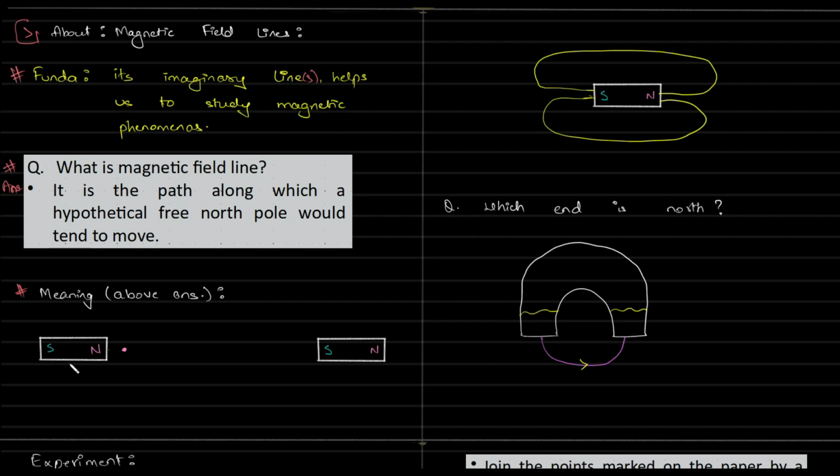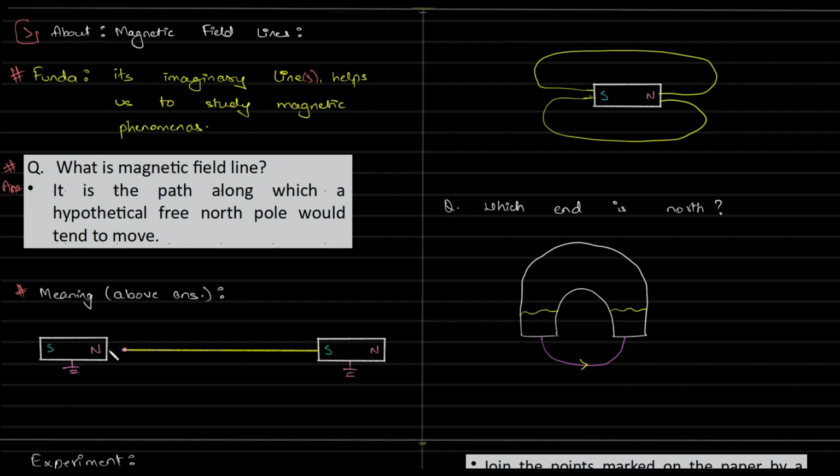Say this is fixed, they can't move, and this is also fixed, they also can't move. So this will obviously get pushed by this north and it will get pulled by this south. So basically it will take a path in this manner, is it not? It will accelerate towards the south basically.